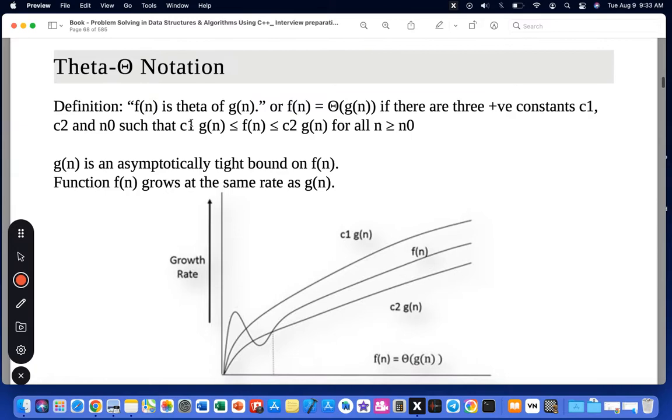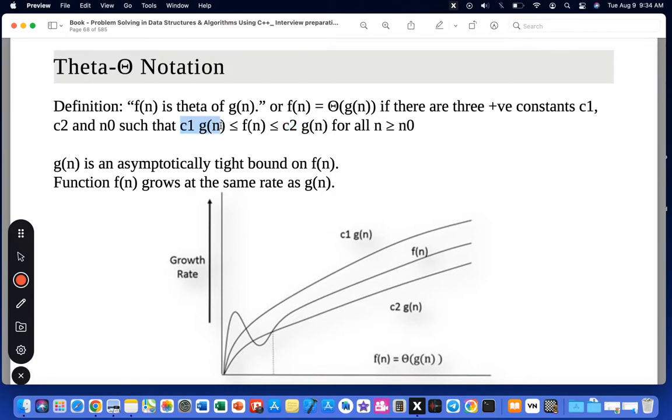Theta notation. Definition. f of n is theta of g of n if there are three positive constants, c1, c2, and n0, such that c1 multiplied by g of n is less than or equal to f of n, which by itself is less than or equal to c2 times g of n.